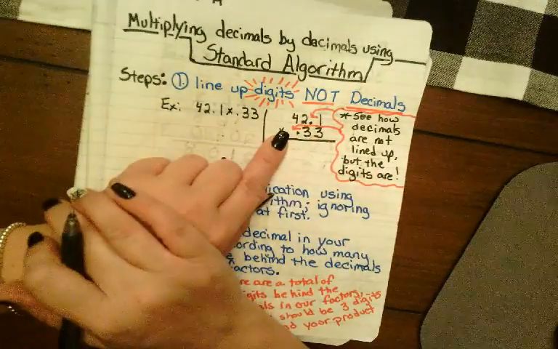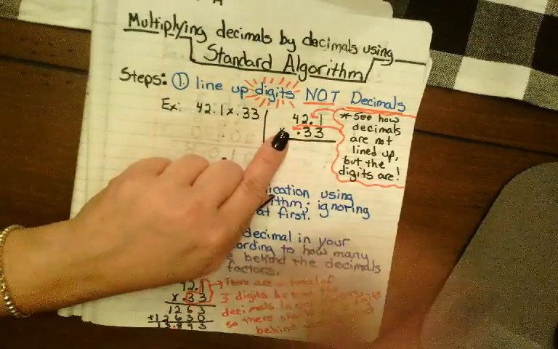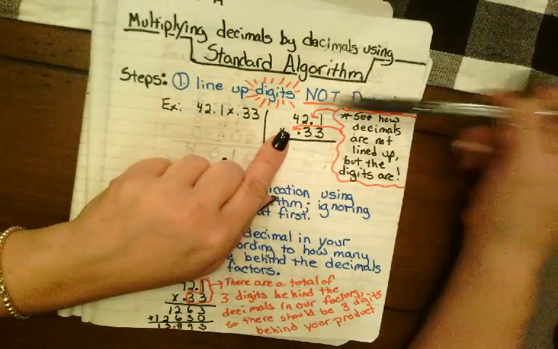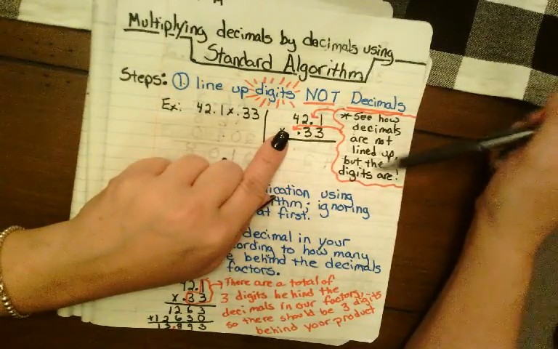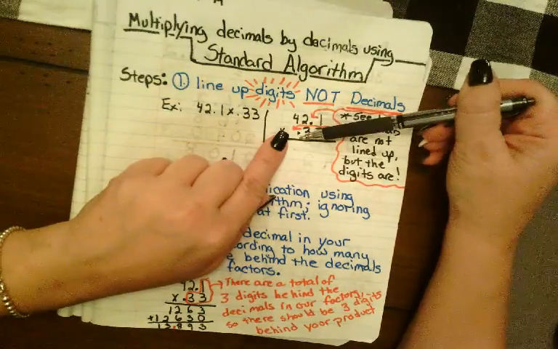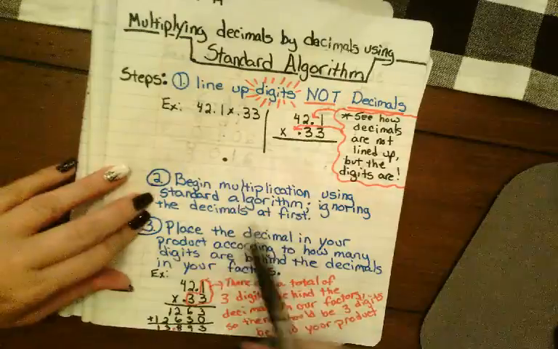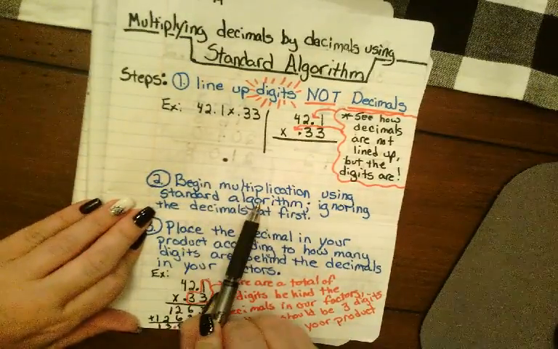And don't worry, we're going to practice this. But for right now, this is just your note-taking page and your actual steps. So it says, see how the decimals are not lined up, but the digits are. Then begin multiplication using the standard algorithm.